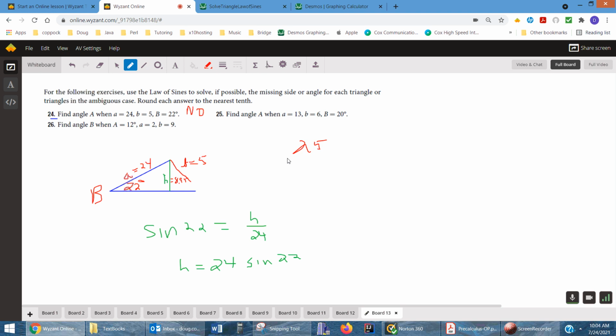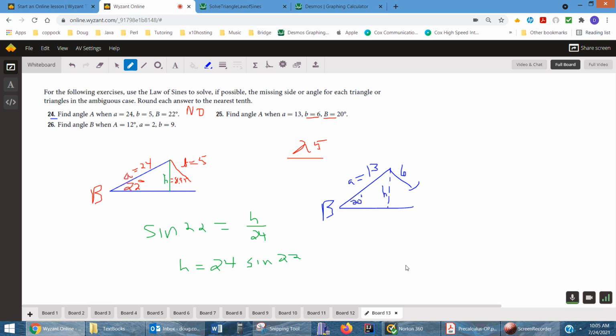Okay, so for number 25, we've got an angle B and a side b opposite. I'll draw angle B with the size of 20. I'll label a as 13. b is 6. And I want to know, what is h?